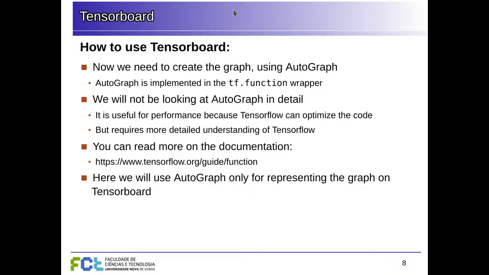But we will not be using that here. This has more to do with how fast the computation goes, and is not very interesting in the context of this course. So if you want, you can read more in the documentation, but here we'll only use autograph this time to create the computation graph, and just to show you how you can do this visualization on TensorBoard.